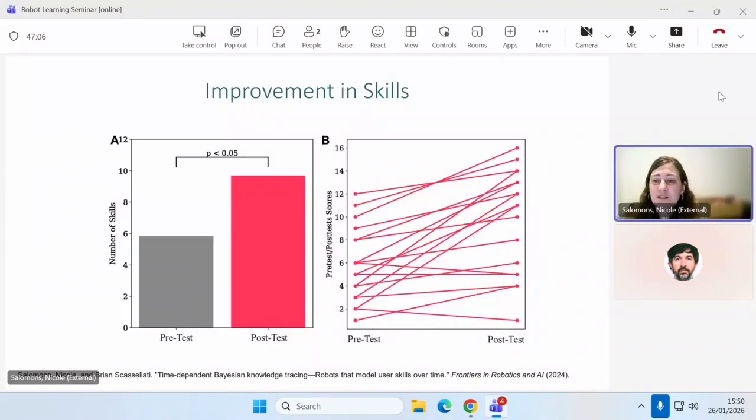And also in this realistic scenario, we saw that people just learned more skills from the pre-test to the post-test when they had this robot interacting with them, creating real-life updated models of their skills throughout the interaction. The robot was able to correctly model their skills and then update that model and choose the correct skills to teach the user.